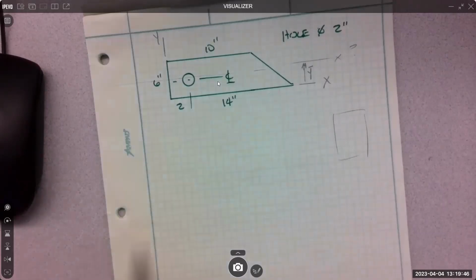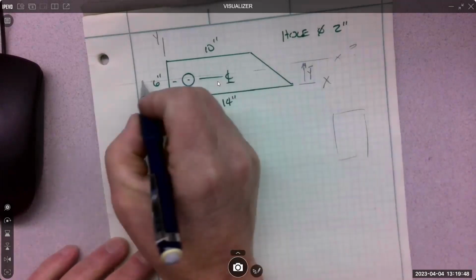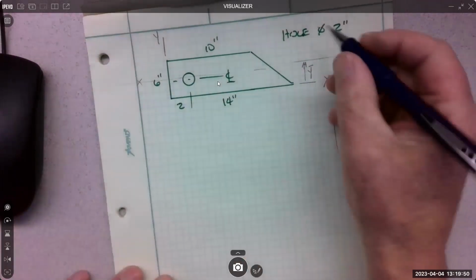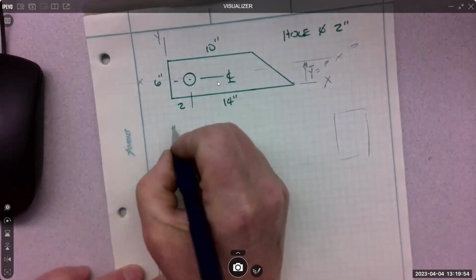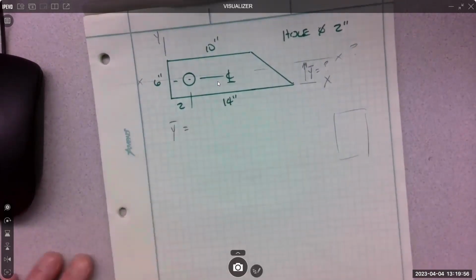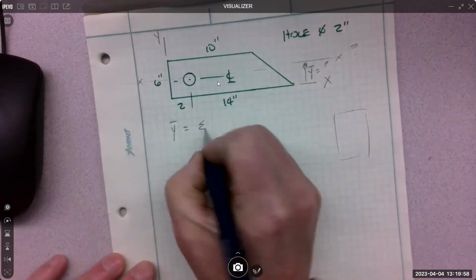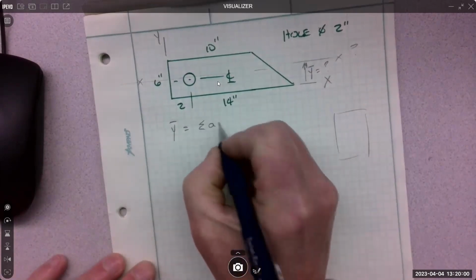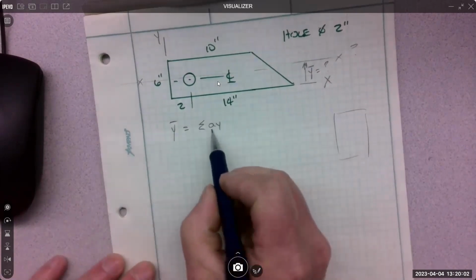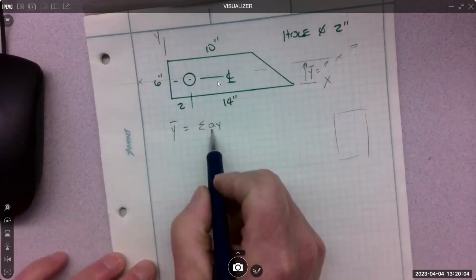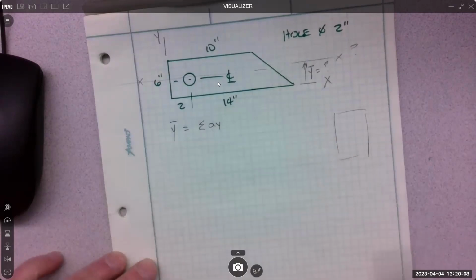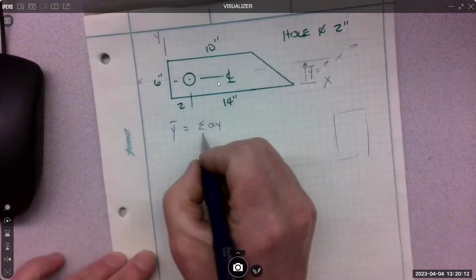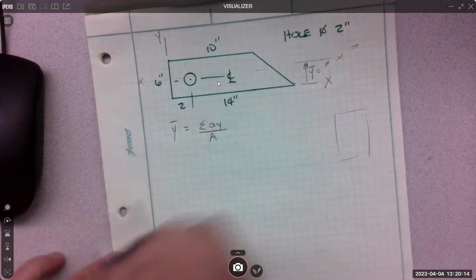All right. So what we're trying to find is this x centroidal axis, and Y bar is how we do it. And the equation was Y bar equals the sum of the AYs, and I wrote little a because that's going to be individual areas, because we're going to break this shape up into its very simple areas, over the total area.